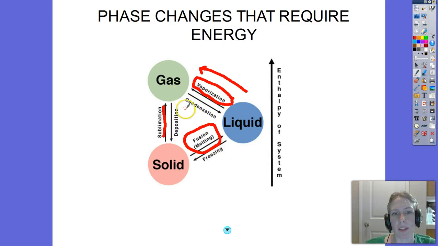Now we have the reverse of these, which are a couple more states. Deposition is the reverse of sublimation. It's when you spontaneously go from a gas to a solid, skipping the liquid phase. We have condensation, which is when we're going from a gas to a liquid.